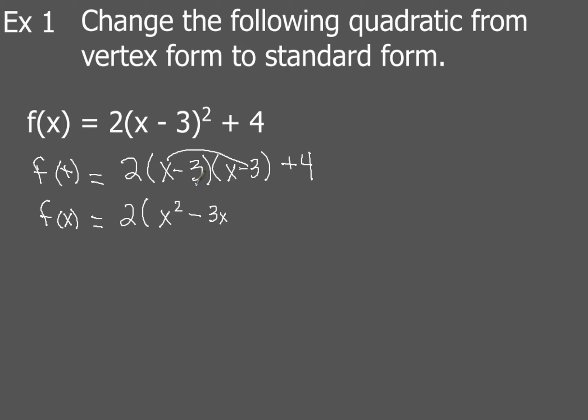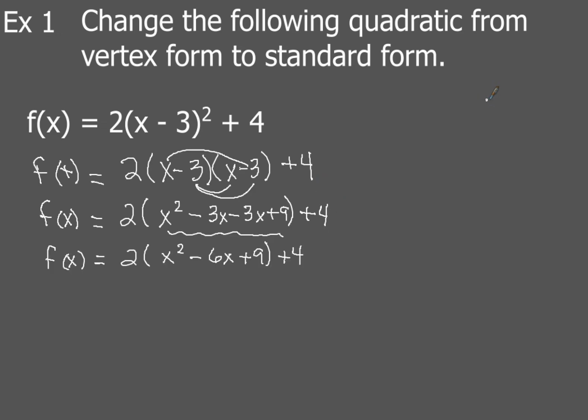And then of course negative 3 times x will give me another negative 3x. And lastly, negative 3 times negative 3 gives me plus 9. So that's what I get when I distribute and multiply those 2 binomials together. And then, don't forget, I've got this plus 4 that's just kind of hanging out there on the outside.